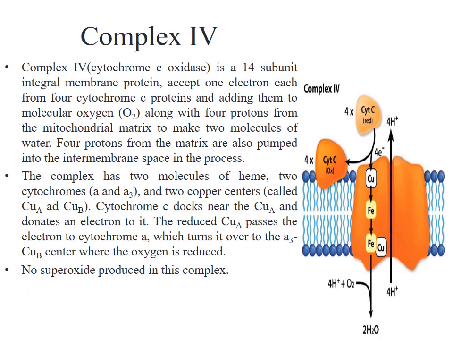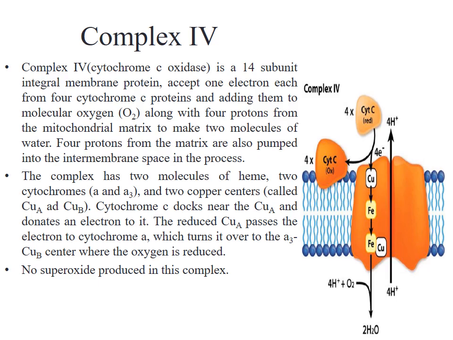Complex 4, also called cytochrome C oxidase, is a 14 subunit integral membrane protein that accepts one electron each from 4 cytochrome C proteins, and adds them to molecular oxygen along with 4 protons from the mitochondrial matrix to make 2 molecules of water. 4 protons from the matrix are also pumped into the intermembrane space in the process.